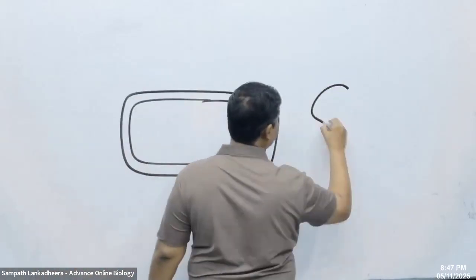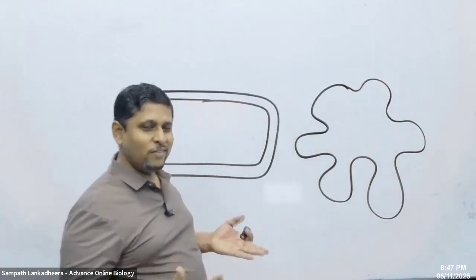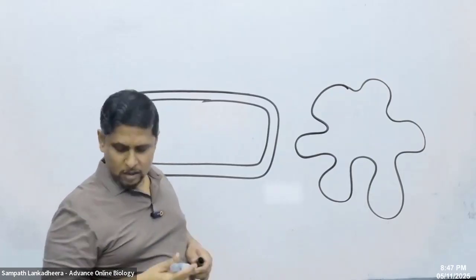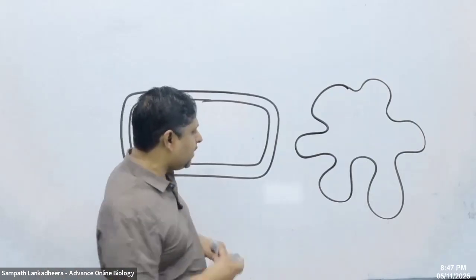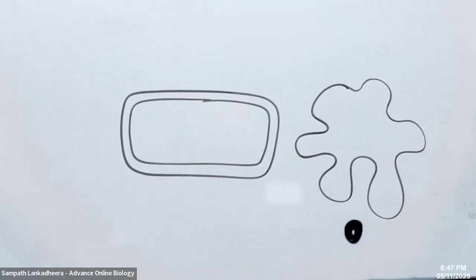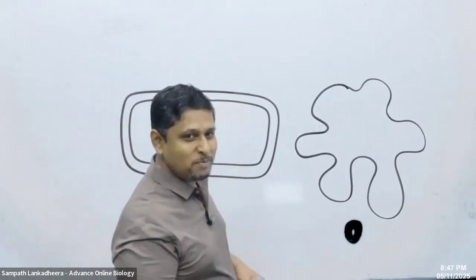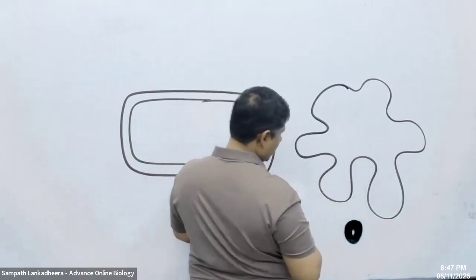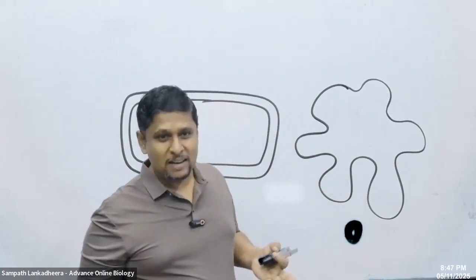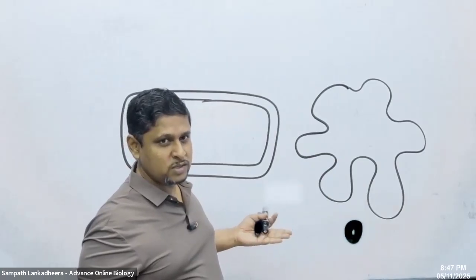Now think of amoeba. It's heterotrophic too, but it doesn't have a cell wall. So when it doesn't have a cell wall, it can take these outside materials into the cell by phagocytosis.